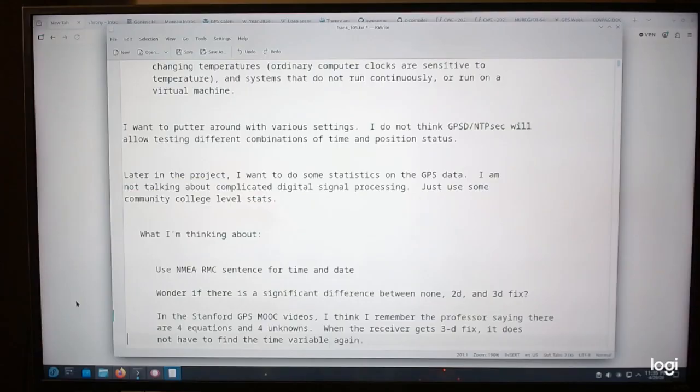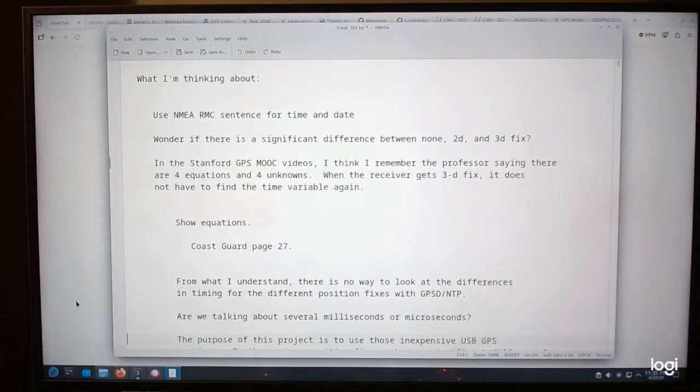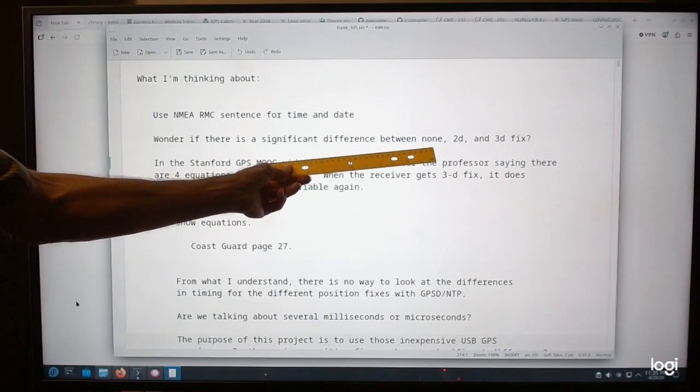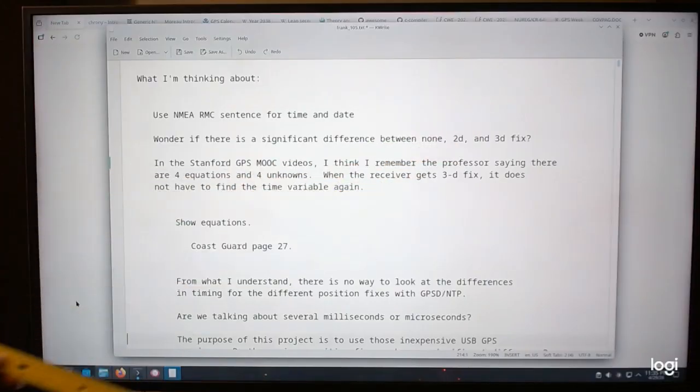So that's what I'm looking at. That's the whole purpose of my project, because I wonder if there's a significant difference between the fixes, like a none, 2D fix, and a 3D fix.